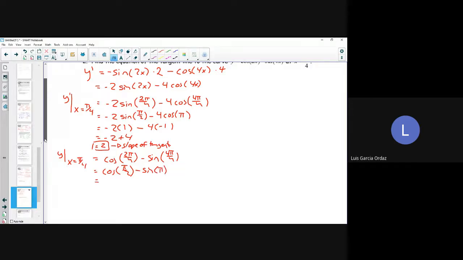So I know cos of pi over 2 gives me 0, sine of pi also gives me 0, which means the point that I'm using is going to be pi over 4 and 0.